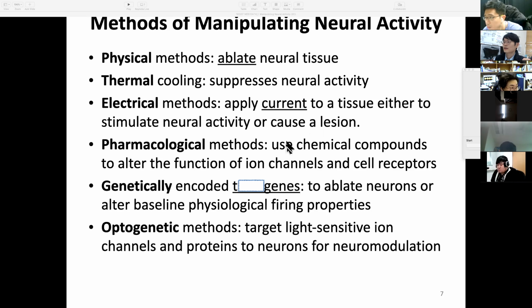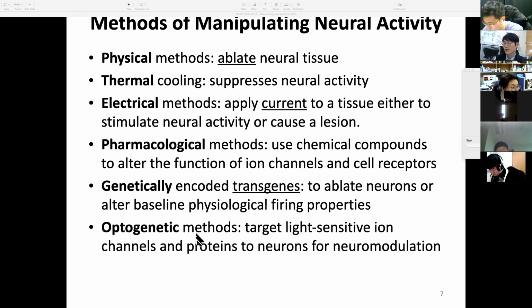Pharmacological methods use chemical compounds or drugs to alter the function of ion channels and cell receptors. And genetically encoded transgenes can be used to ablate neurons or change the baseline physiological firing properties.